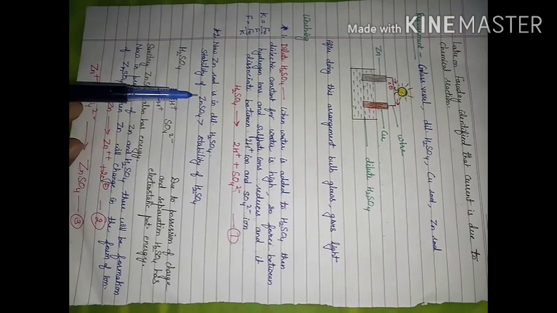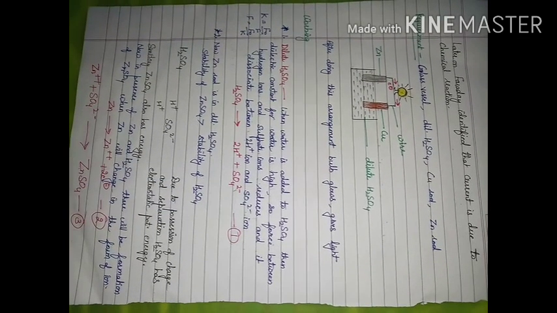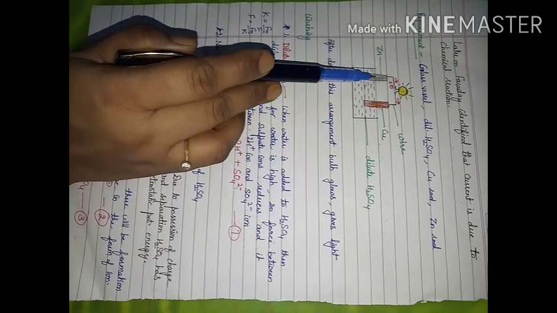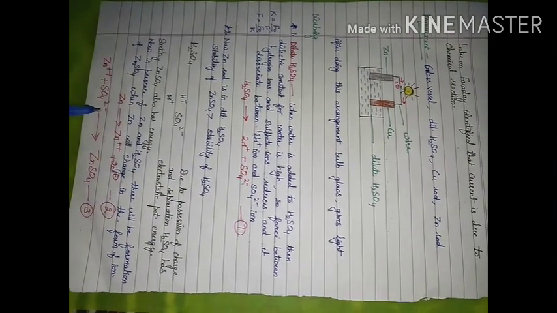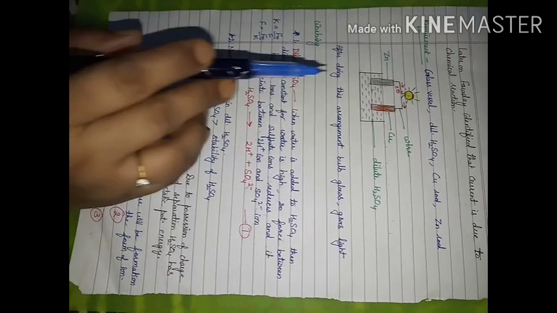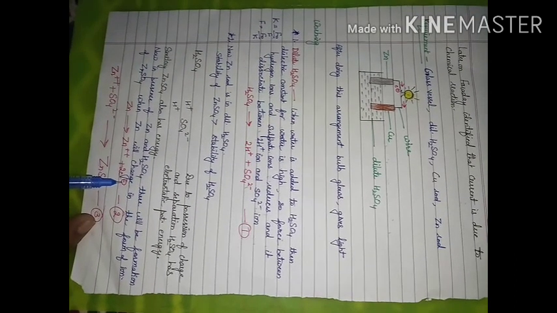As the stability of ZnSO4 is more than H2SO4, what will happen as a result? Zn atoms from this zinc rod will come into this solution as Zn ions by giving 2 electrons.